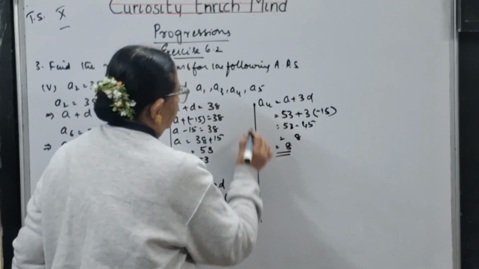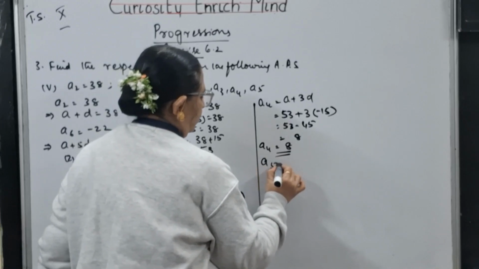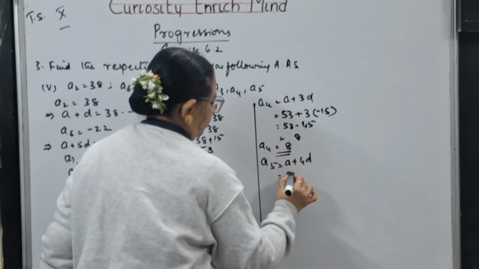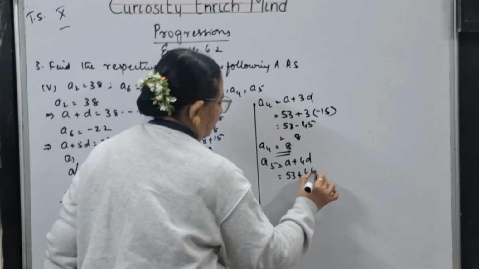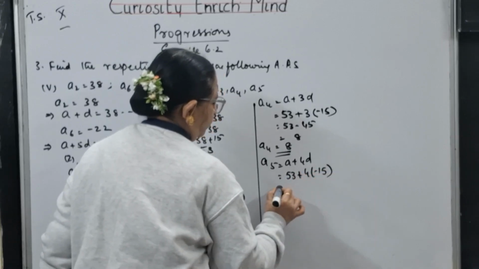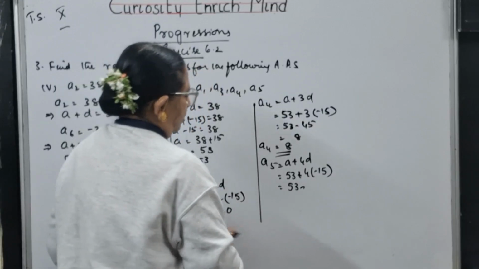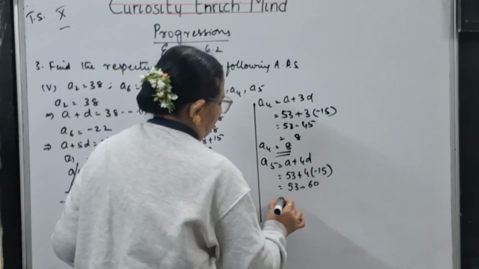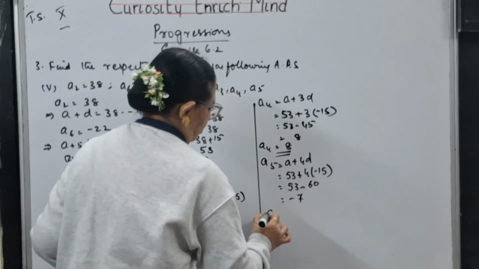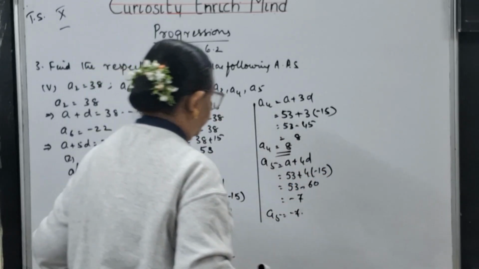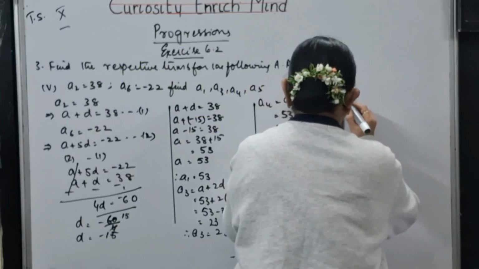Now, the next one is A5. A5 is A plus 4D. 53 plus 4 into minus 15. 53 minus 60. So, minus 7. A5 is equal to minus 7. So, what are the answers?